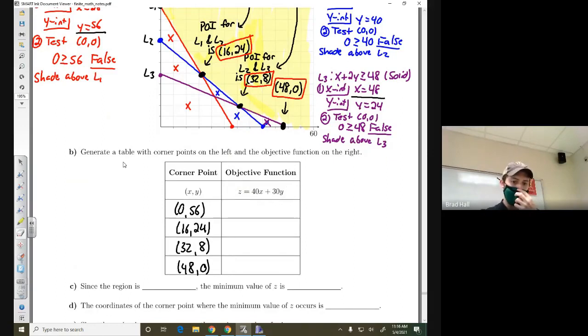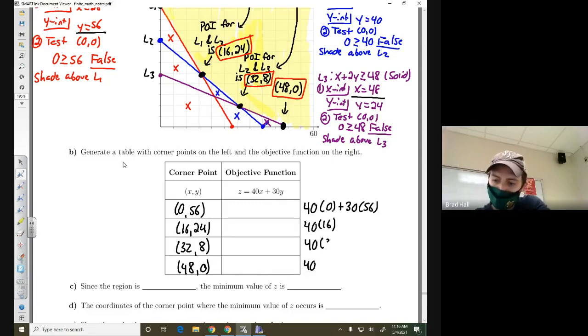But now that we know the ordered pairs, we know exactly how to plug these ordered pairs in. Plug 16 and 32 and 48. The other one, 24, 8, and 0.